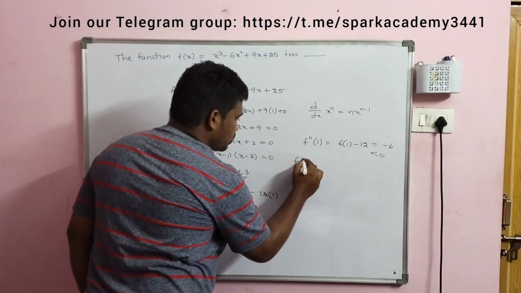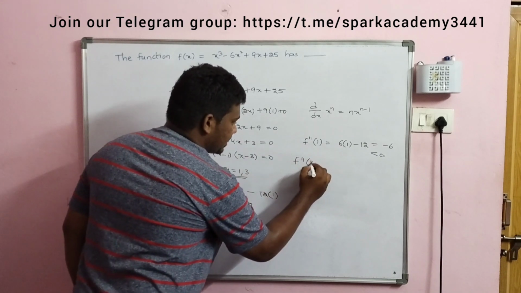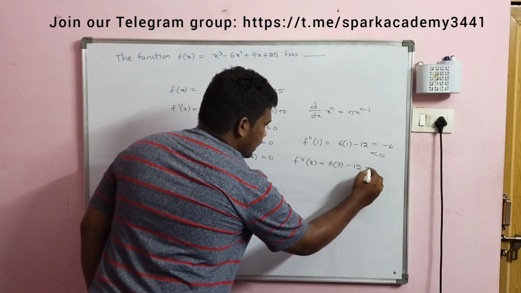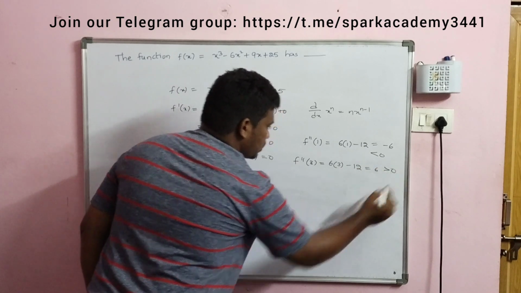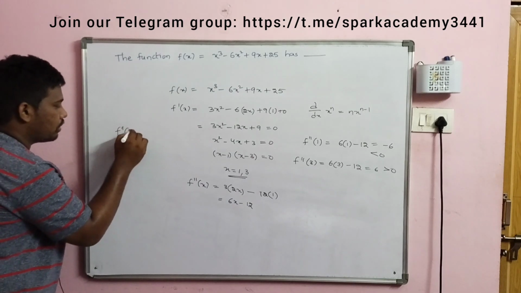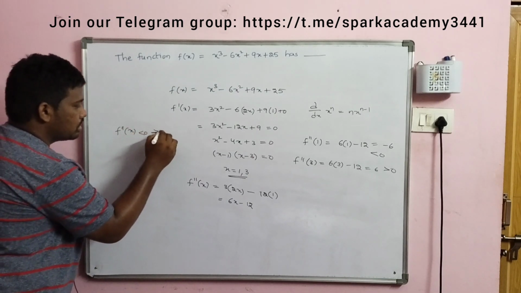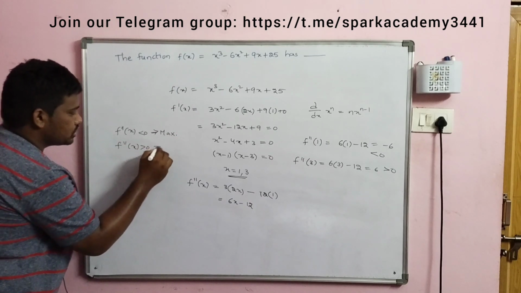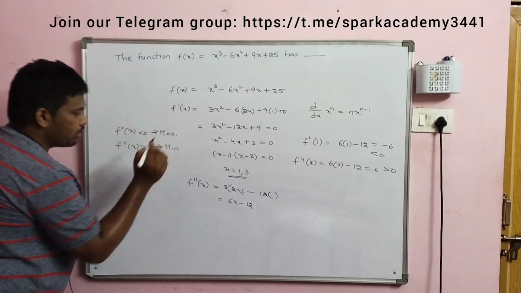And the second point is f double dash of 3, right? 6 into 3 minus 12, which is 6, which is greater than 0. We already saw that if f double dash of x is less than 0, it is a maxima point. If f double dash of x is greater than 0, it is minima, right?